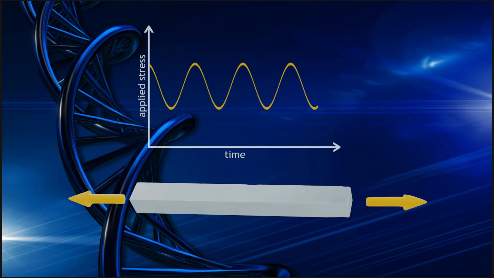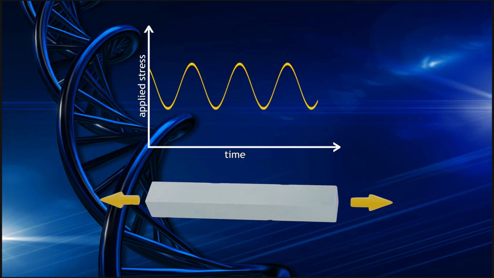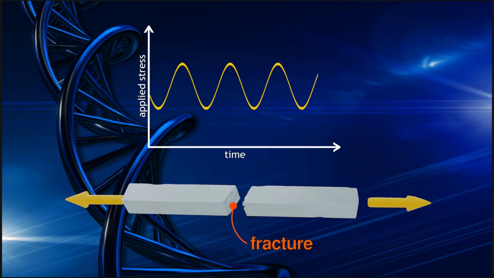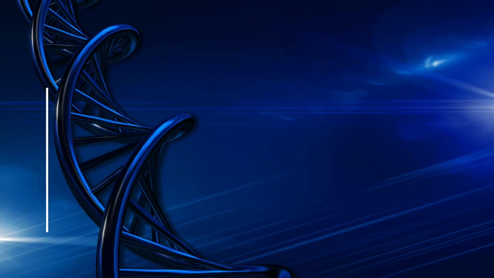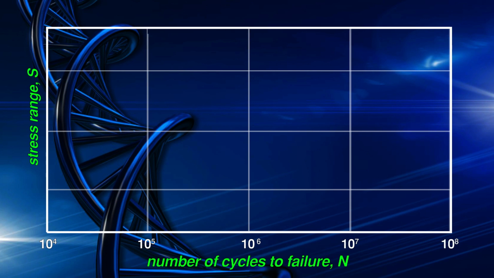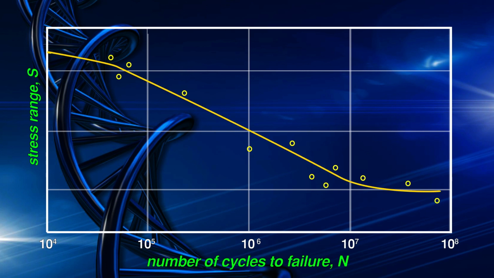If we repeat this test a large number of times with different applied stress ranges, we can plot the results on a graph with the number of cycles to failure on the horizontal axis and the applied stress range S on the vertical axis. By plotting a curve to the data points, we obtain a graph which is known as a SN curve. The SN curve allows us to calculate the number of cycles until a component is likely to fail for a given stress range.